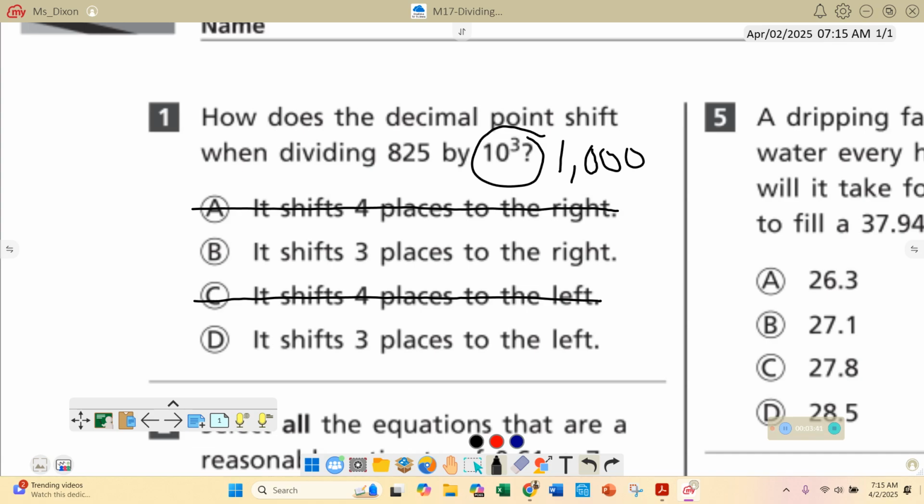Since we are dividing by a whole number, in this case 1,000 or 10 to the power of 3, you follow the same rules as when you multiply by a fraction or a decimal.